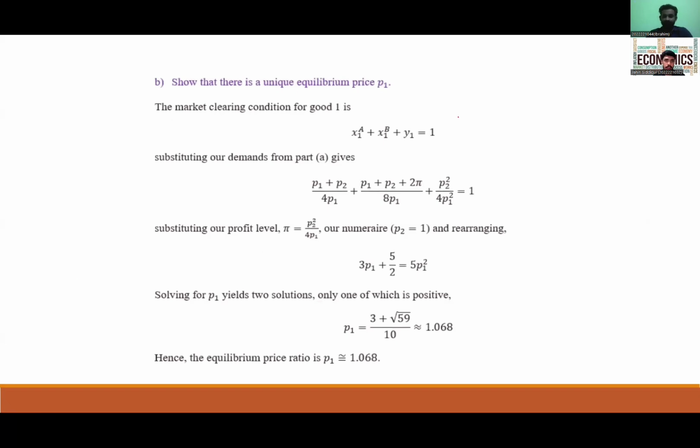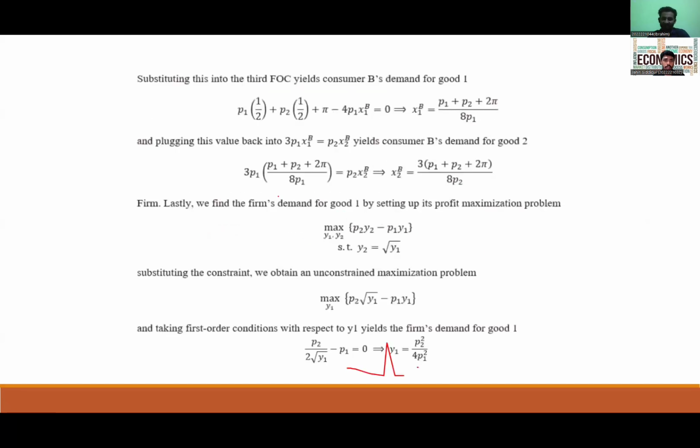which is shown by this equation, substituting our demand from part A that we have generated.